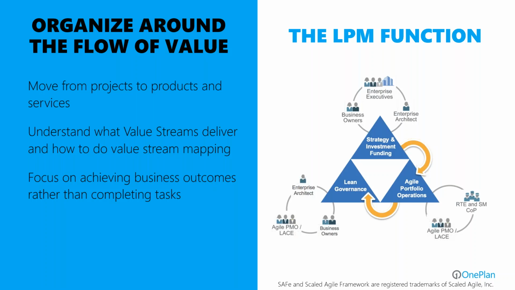Agile portfolio operations, that's your day-to-day, month-to-month, quarter-to-quarter running of the portfolio as a PMO might do today. And we have finally lean governance, which is how we make decisions periodically to make adjustments. That's where the agility and flexibility comes in.